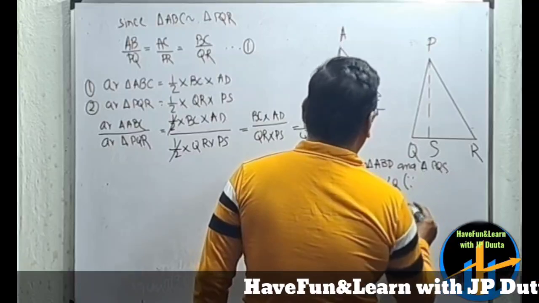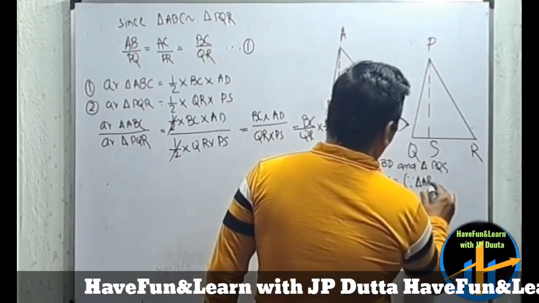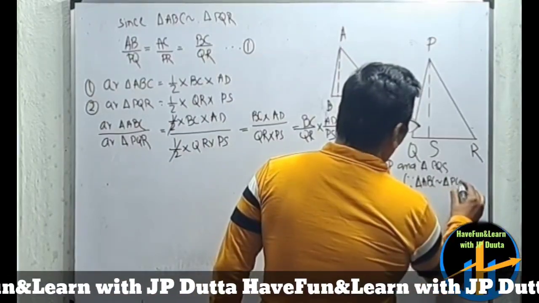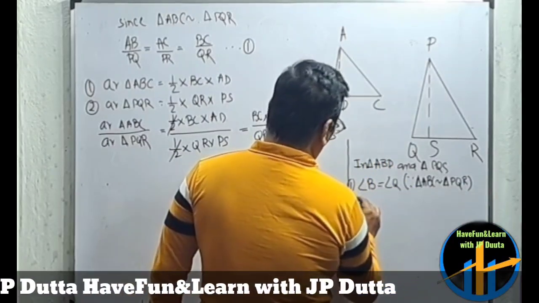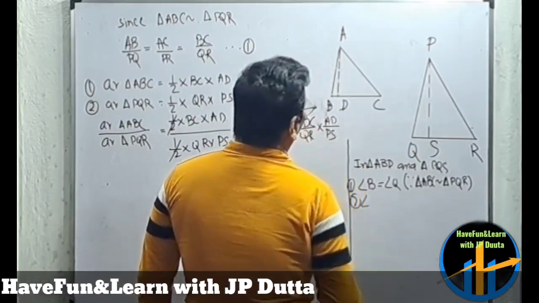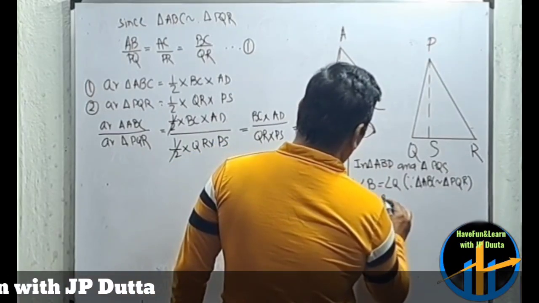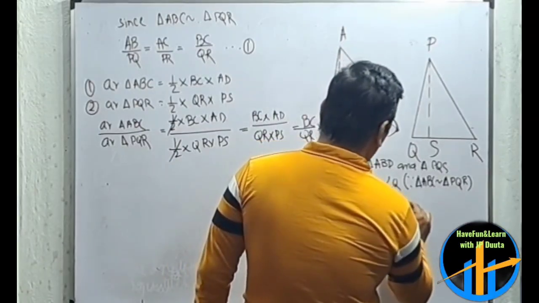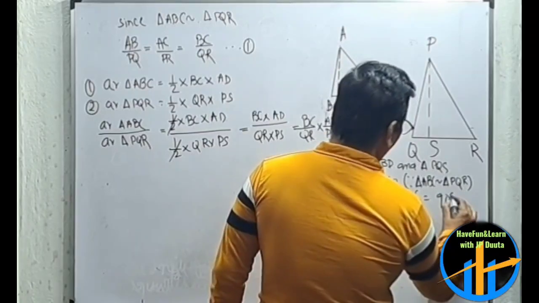Because triangle ABC is similar to triangle PQR. This is number 1. And number 2, angle ADB is equal to angle PSQ. Both are equal to 90 degrees.